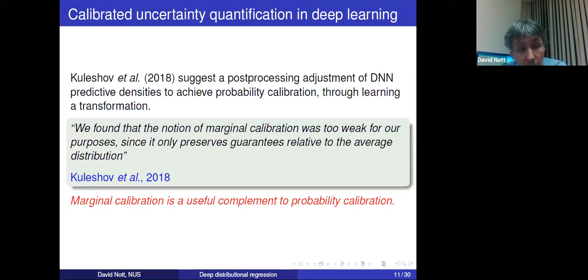The goal of this work is actually to explore marginal calibration, and we somewhat disagree with that quote. At least in some problems, imposing marginal calibration on predictive distributions in a regression model is a useful complement to probability calibration.